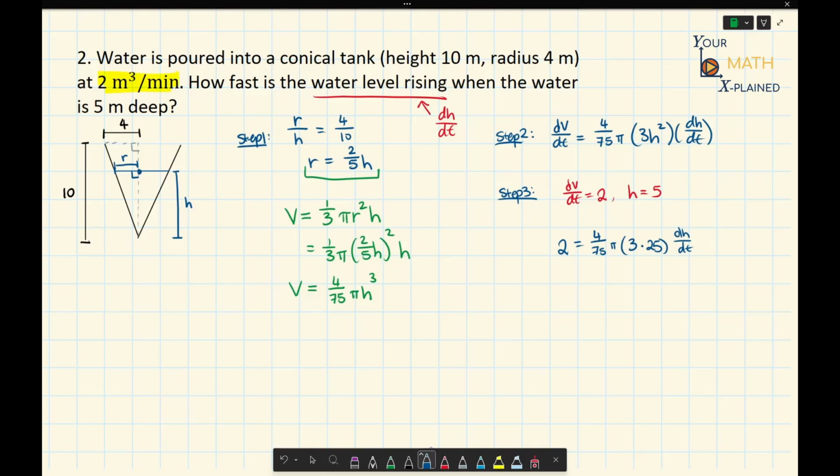So now 3 times 25 is 75, so that gets canceled. And then isolating dh/dt, we get dh/dt is equal to 1 over 2 pi. And our unit here would be meters per minute.